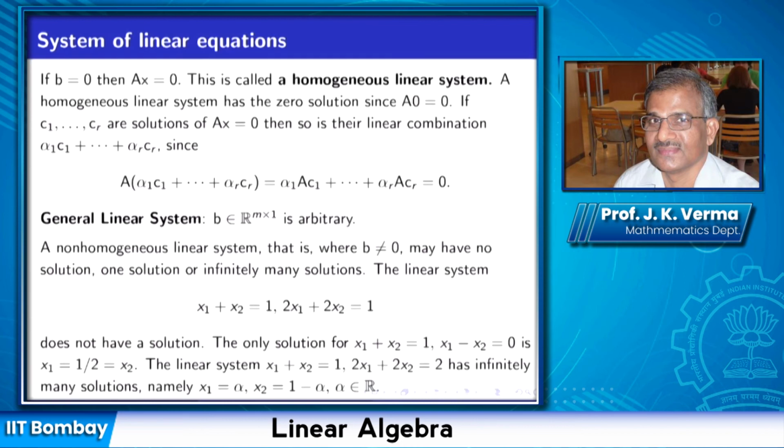So just this simple case of two unknowns and two linear equations tells us three possibilities for solutions: no solution, or one solution, or infinitely many solutions.